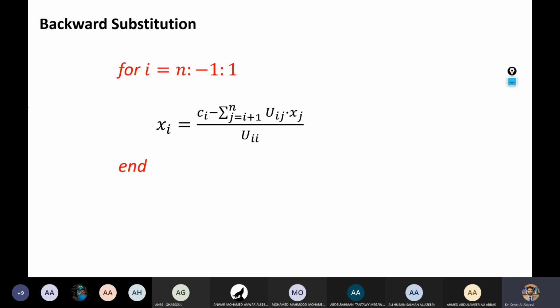How can we code that? We can do it using a for loop. But this time you will not start from 1, right? You don't start from 1, you go down. You will start from n all the way to 1. So that's why the starting point is n.